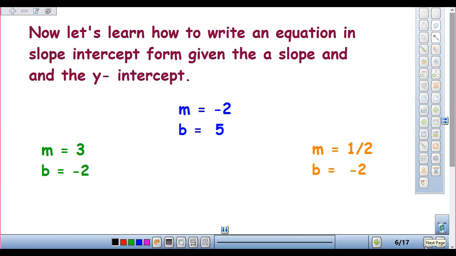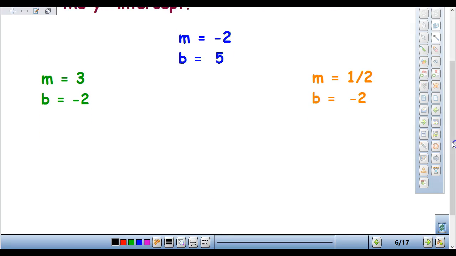Okay, so sometimes they're going to give you the slope and the y-intercept, and you've got to put it into the equation. Okay, so y equals minus 2. Good. Not so bad, right? Skylar, what do I have for this one?